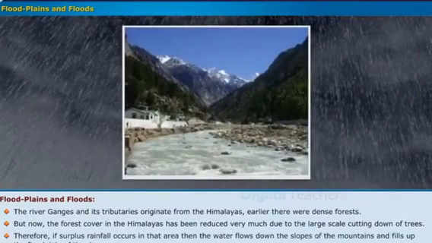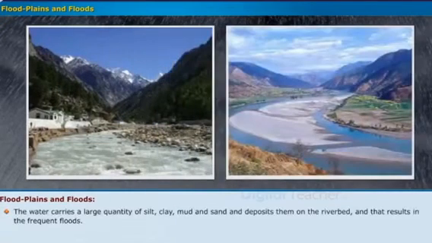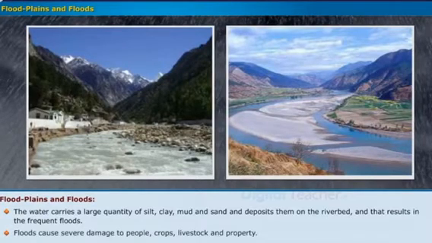Therefore, if surplus rainfall occurs in that area, then the water flows down the slopes of the mountains and fills up the floodplain of the river. The water carries a large quantity of silt, clay, mud, and sand and deposits them on the riverbed, and that results in frequent floods. Floods cause severe damage to people, crops, livestock, and property.